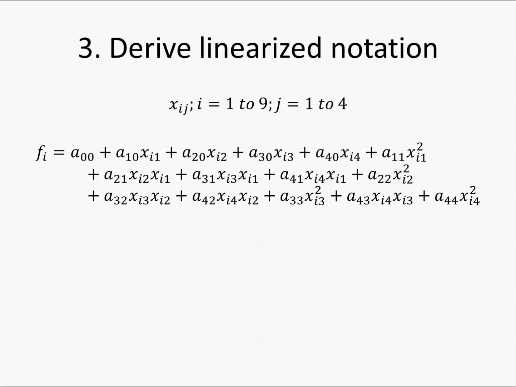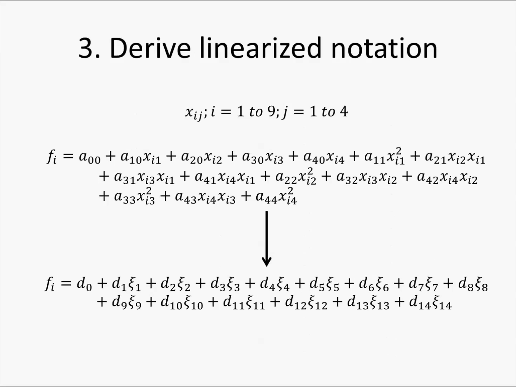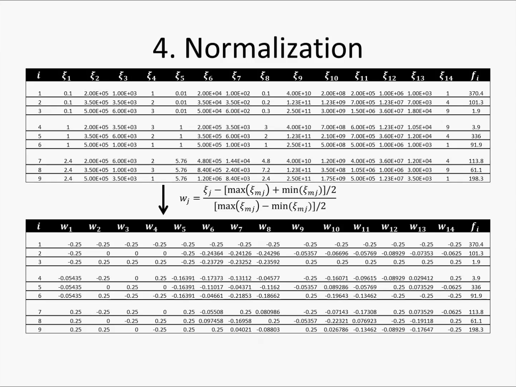Next, I need to linearize my original design variables and assign a mapping. Here is the linearized equation. Basically, I was following the techniques described in the textbook. Then I can normalize all the arbitrary linearized variables so that they have a range from -1 to 1.